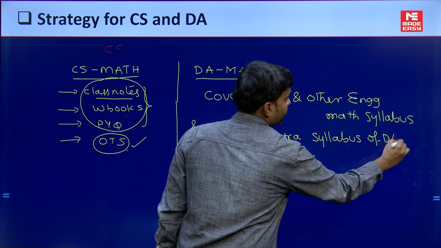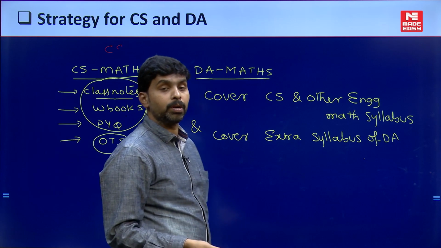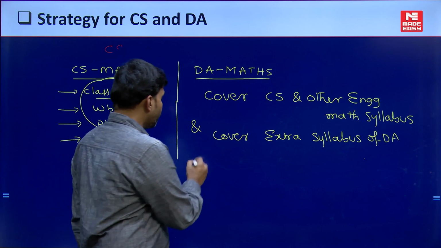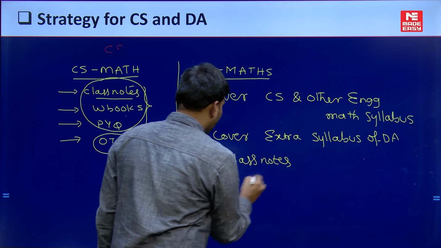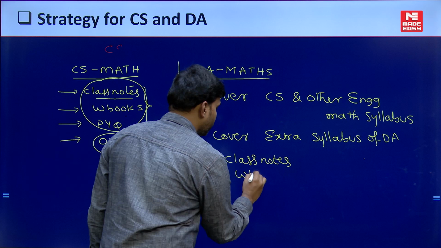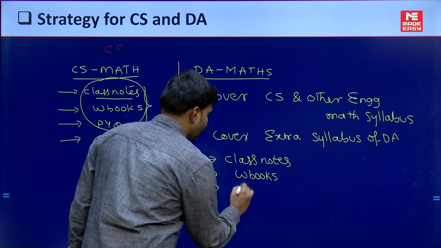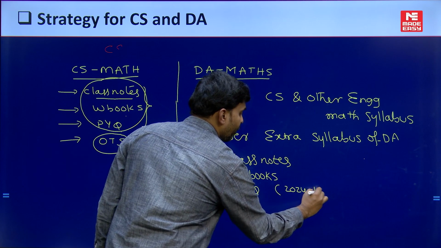In this, I'm going to tell you some of the reference books where you can cover these things. Here also you can go for the class notes, workbooks, and again PYQ, that is the 2024 DA paper.